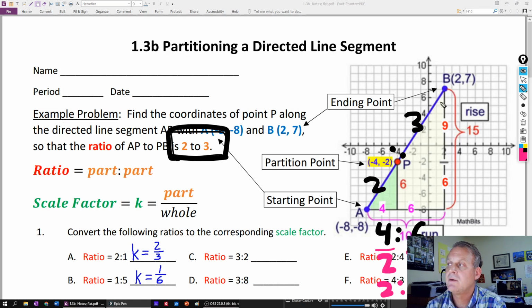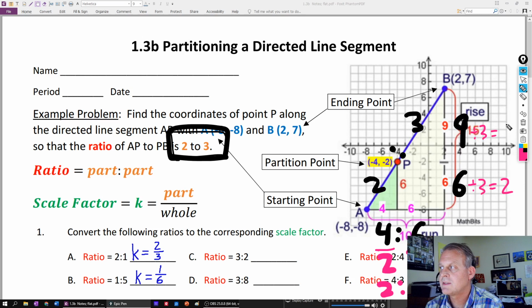And the same thing when we look at the y coordinate. Here there's a ratio of 6 to 9. And so what is the common factor between 6 and 9? It'd be 3. So if I say 6 divided by 3, that's going to give me 2, and 9 divided by 3 is going to give me 3.